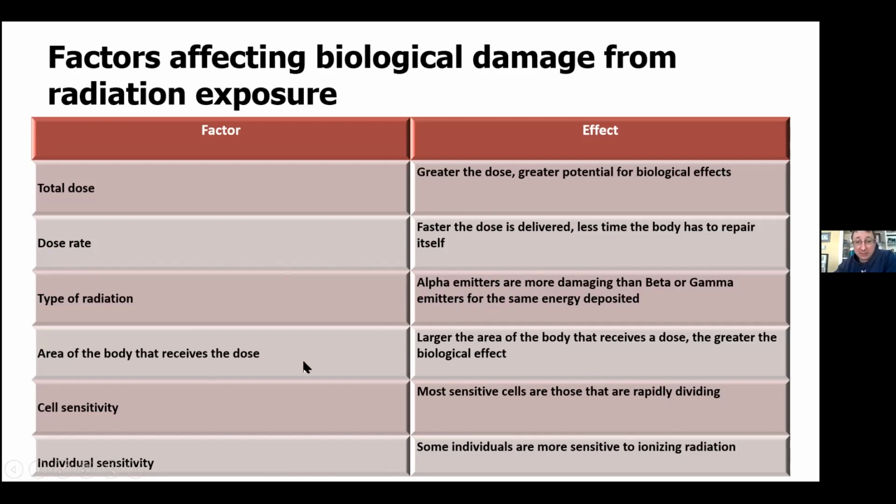Area of the body that receives a dose. Depending upon which part of the body is irradiated, we have different exposure limits. I'm not going to get into those too much because I would talk about that in a dosimetry course. But depending upon which parts of the body are irradiated, you are allowed to have larger or smaller doses cumulatively over a year.